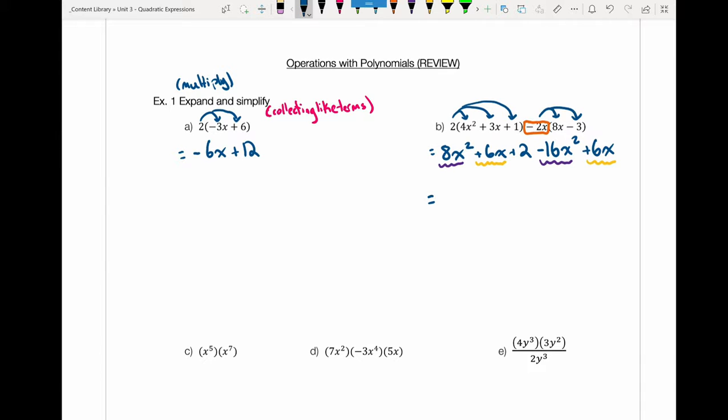I'm just going to combine these now. So 8x squared minus 16x squared is negative 8x squared. 6x plus 6x is 12x. And then plus 2 is the last. It's just a constant on its own.